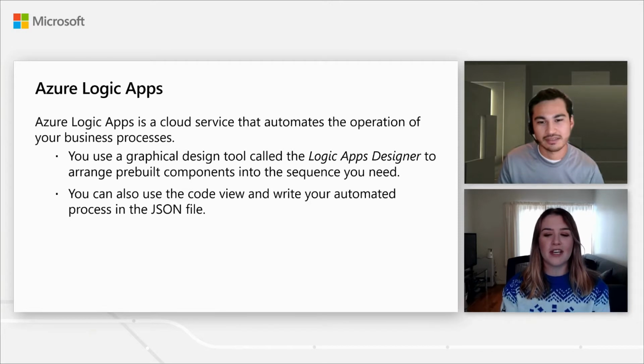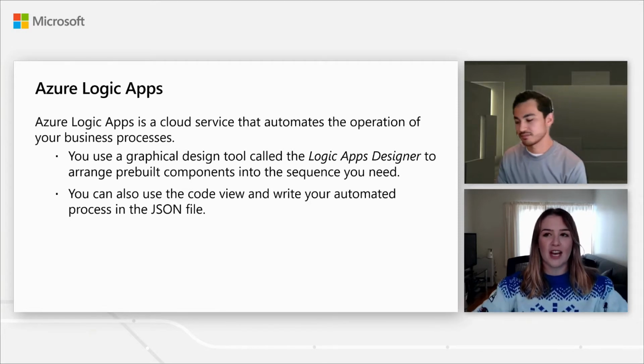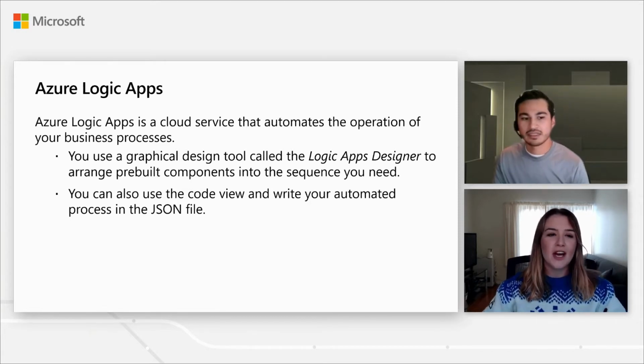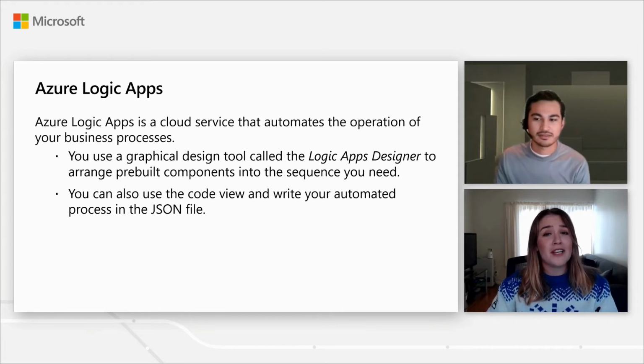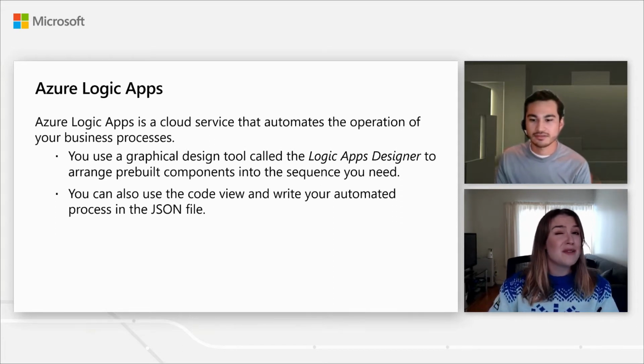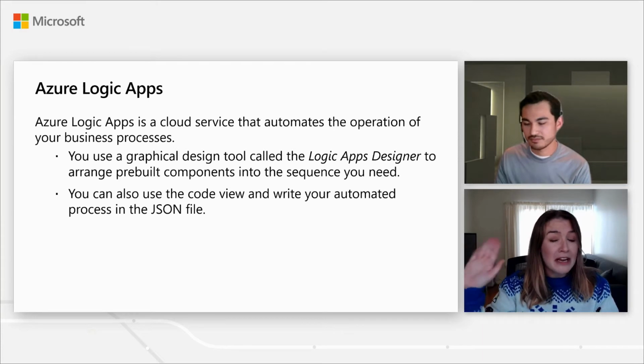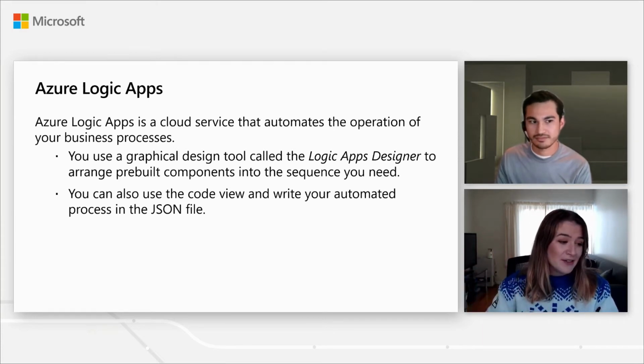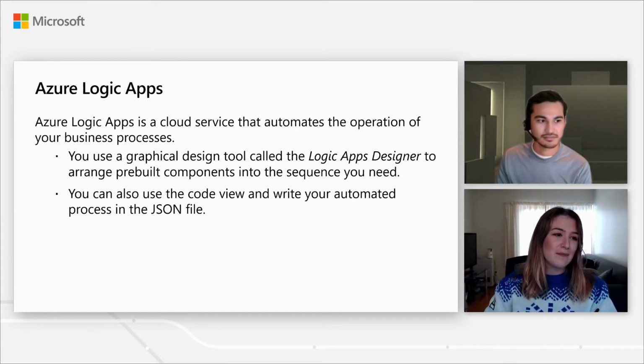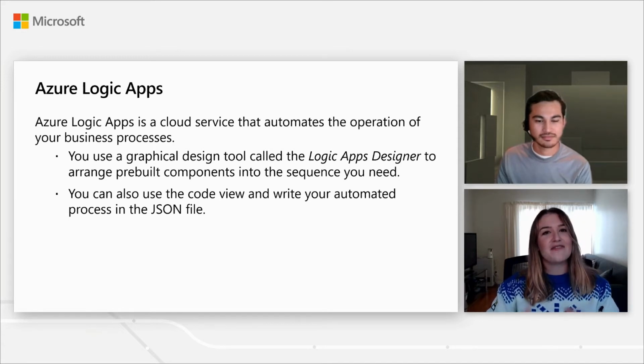So a playbook is the individual thing. Logic Apps is the actual service itself. But you may find that sometimes Microsoft folks use them interchangeably a bit. I'm guilty of using those phrases interchangeably. But that is officially the difference between the two.